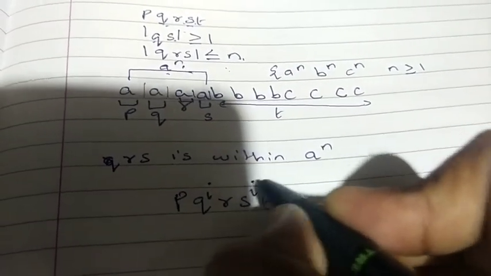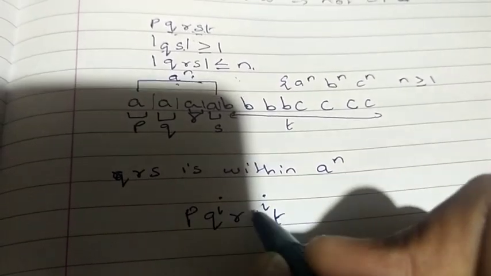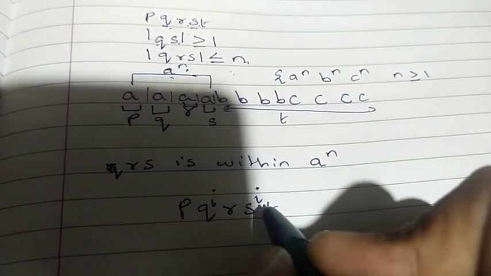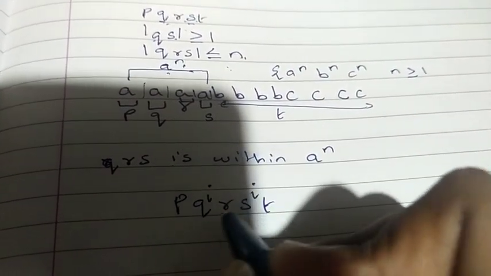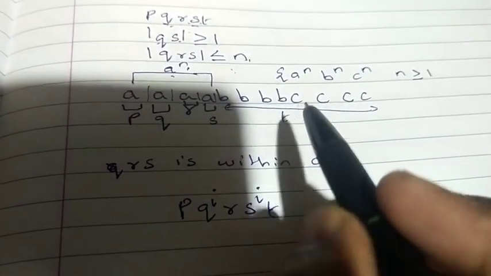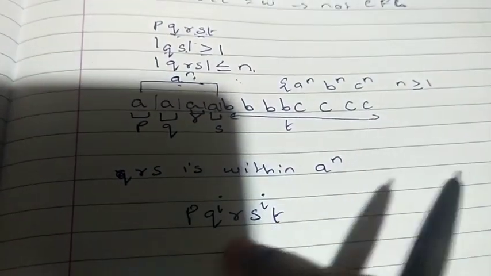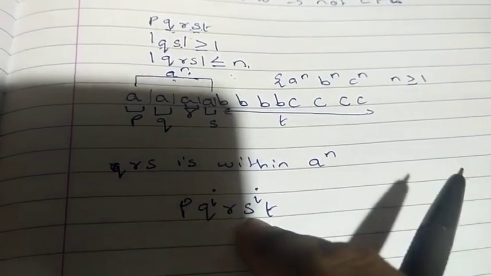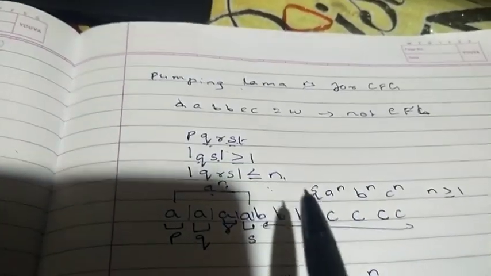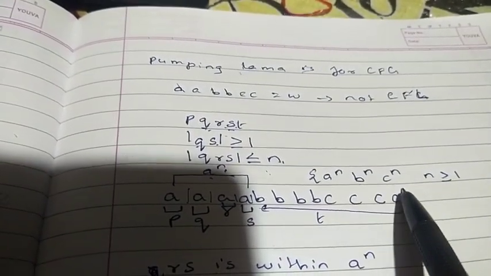This i value should change the string such that it shouldn't belong to A^n B^n C^n.